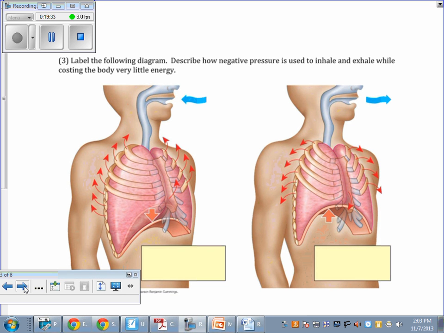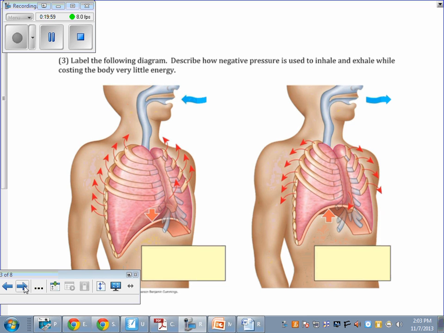So there are two primary muscles that are going to do this. There's a big muscle that goes across here, which separates your thoracic from your abdominal cavity. This is called the diaphragm. Big flat muscle. All right? In a lot of cases, if you like those beef fajitas, that's what you're eating. And then there are muscles in the rib cage.